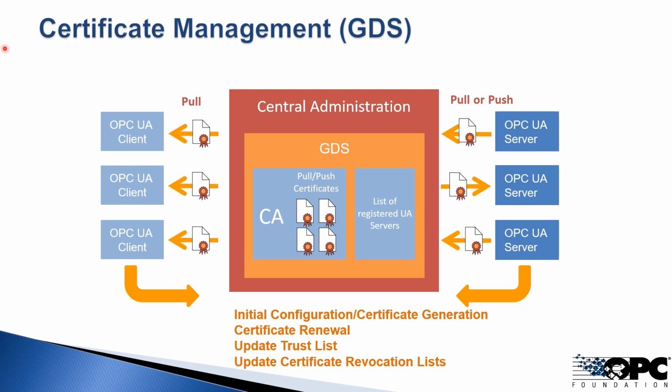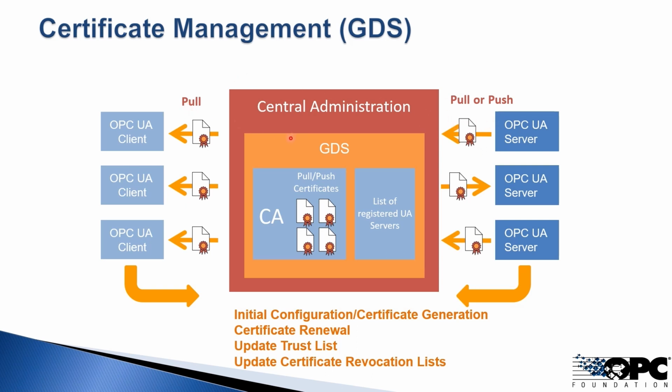So in OPC UA, we've introduced the ability to have a centralized service, in this case the certificate management service of the GDS, and have it be responsible for managing the certificates for all the OPC UA applications. OPC UA interfaces are used between the GDS and the clients and servers in two different directions.